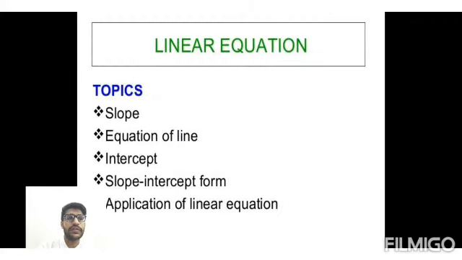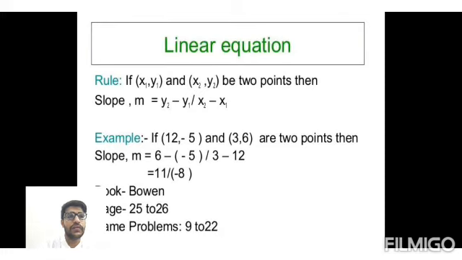Topic: slope and equation of the line. Interpret slope intercept form from application of linear equation. If (x1, y1) and (x2, y2) are 2 points, the slope m is equal to (y1 minus y2) upon (x2 minus x1).